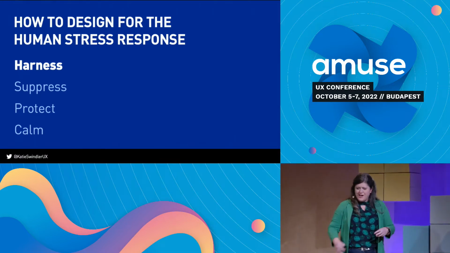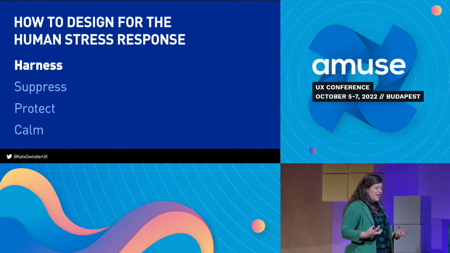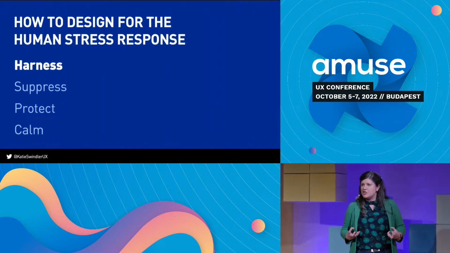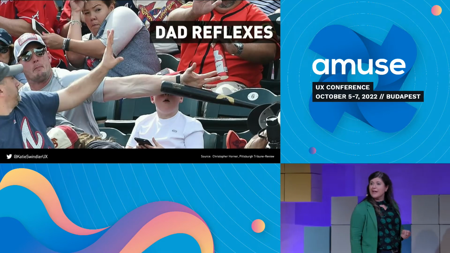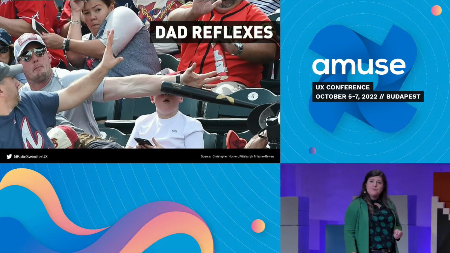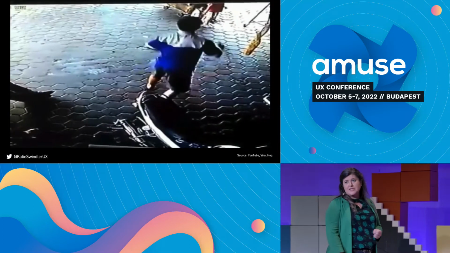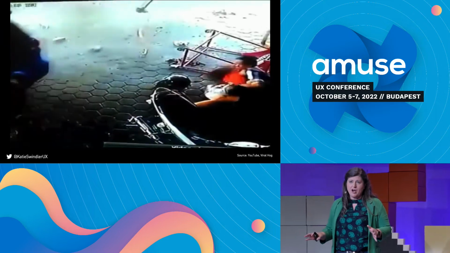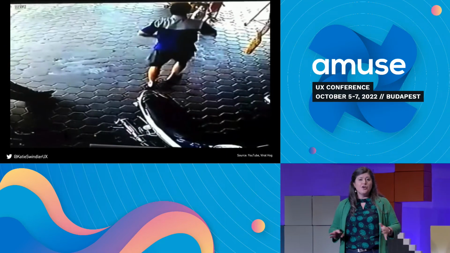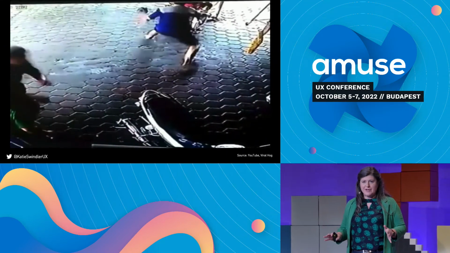So let's start with some specific examples, talking about ways that we can harness that human condition, those incredible reflexes that are sometimes unleashed in a moment of crisis. Some memes call those dad reflexes. Now, if you Google dad reflexes, you will find hundreds of videos of guys saving their offspring from injury or certain death through purely reflexive reactions.